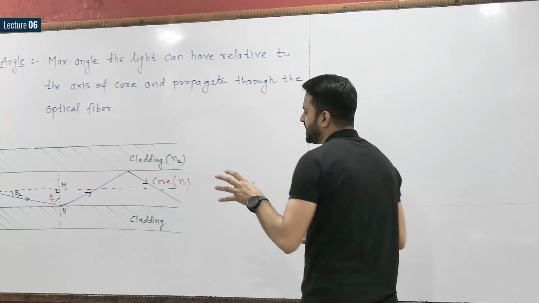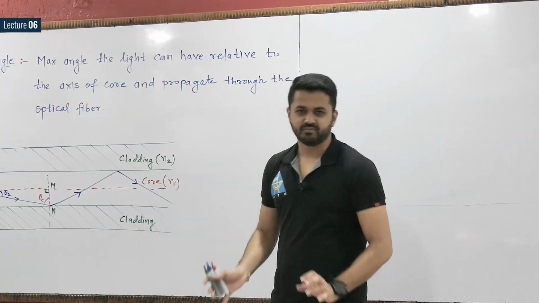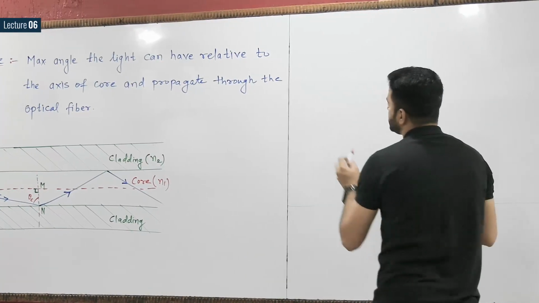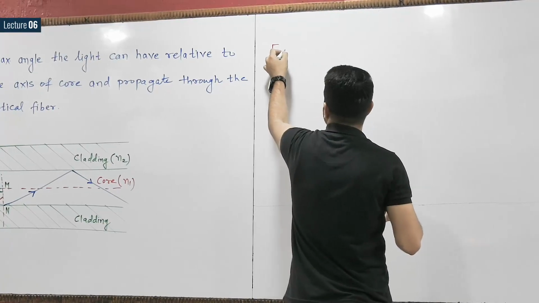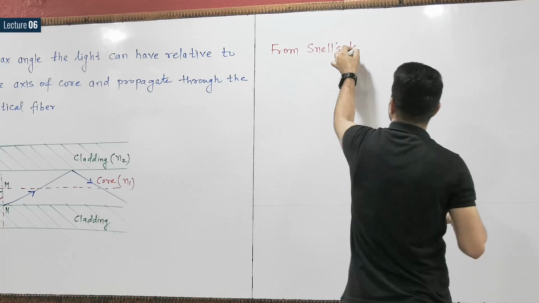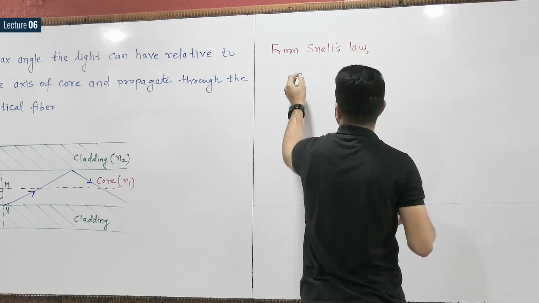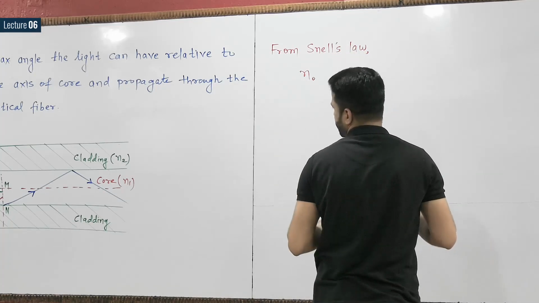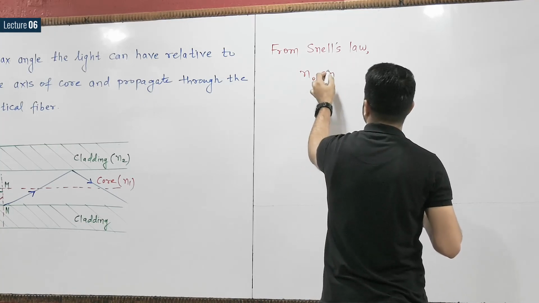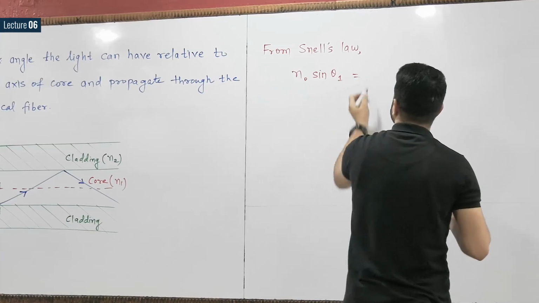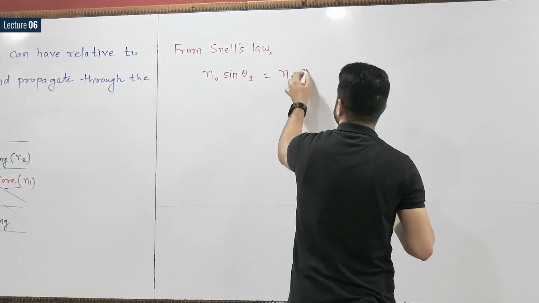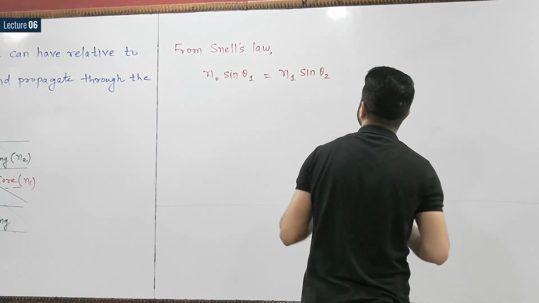So if there are two different media and the light is traveling from one medium to the other, then we can apply Snell's law. So from Snell's law, we can write n naught, the first medium having the refractive index n naught, sine of the angle of incidence, which is theta 1, is equal to the second medium here, n1, sine theta 2.